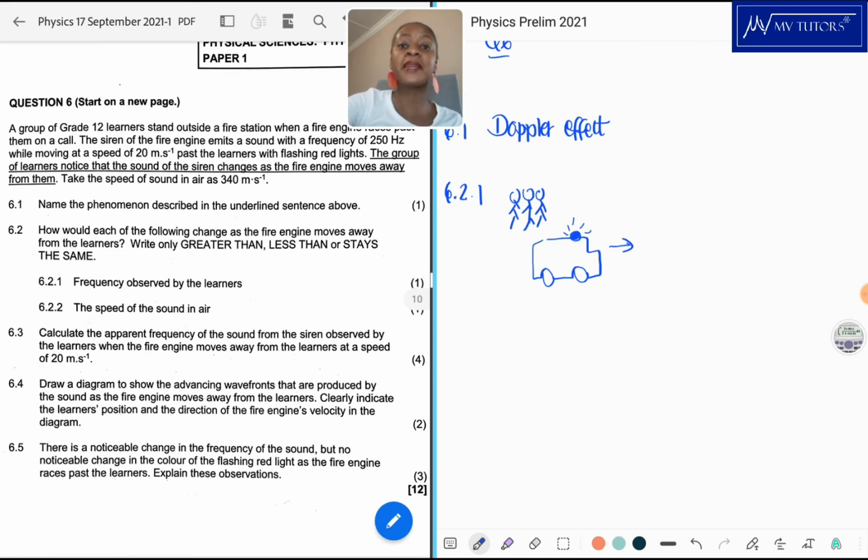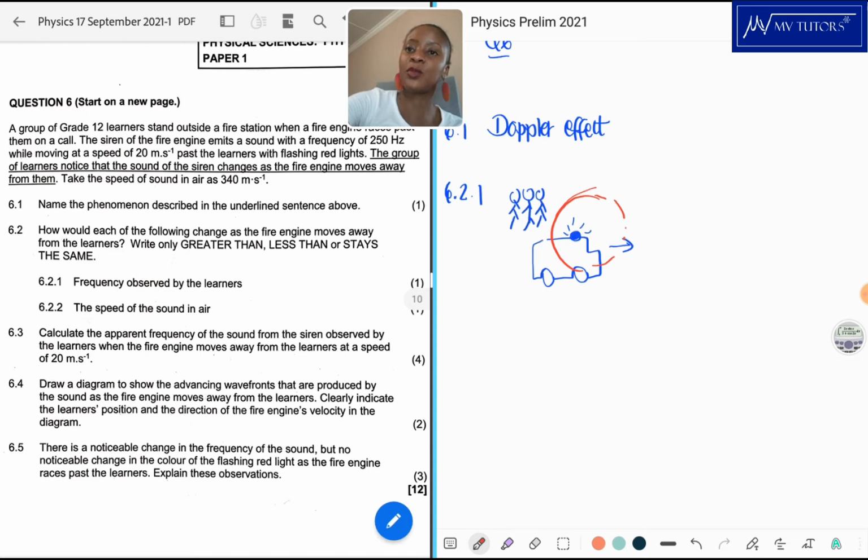So as it is emitting sound or frequency, when it's near them, we have something of this manner. The waves are actually closer to each other at the beginning than they are at the end.